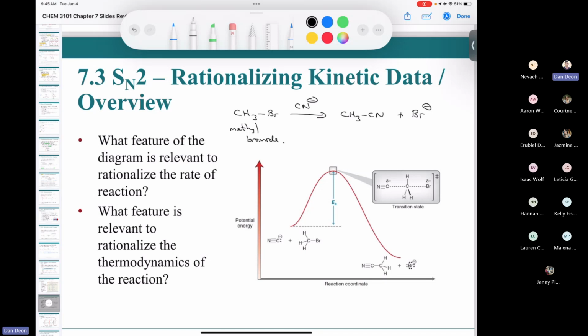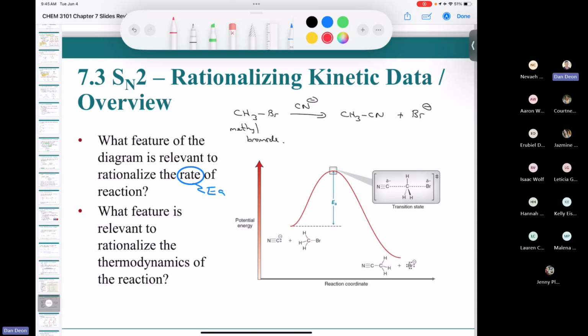Cyanide is your nucleophile. And you take a look at the activation energy here. You see the transition state is similar to what I drew a few slides ago. Something like that. It says, what feature is relevant to the rate of the reaction? Well, the part that's relevant to the rate of the reaction is going to be the activation energy, right? That's relevant to the rate of the reaction.